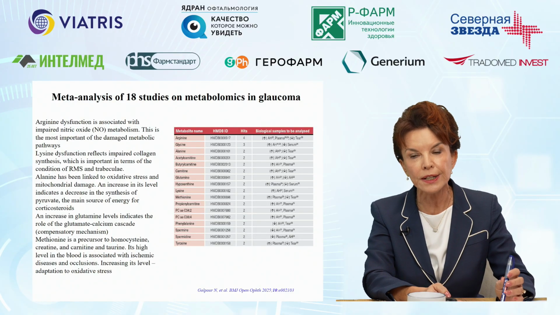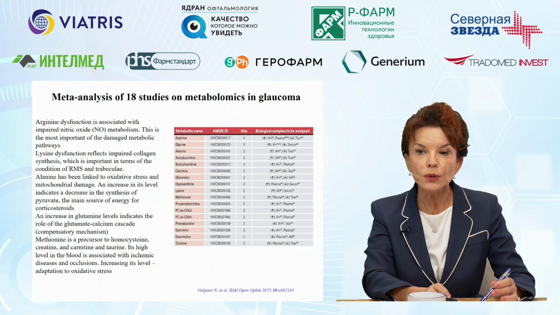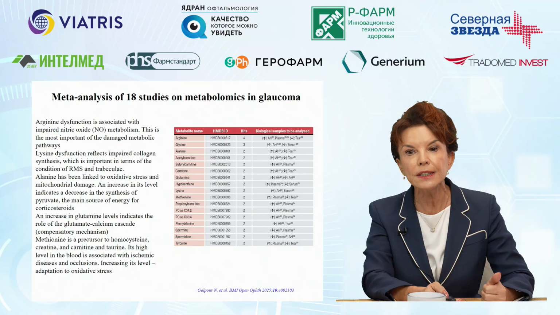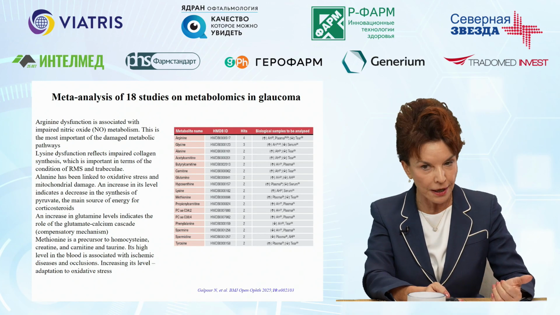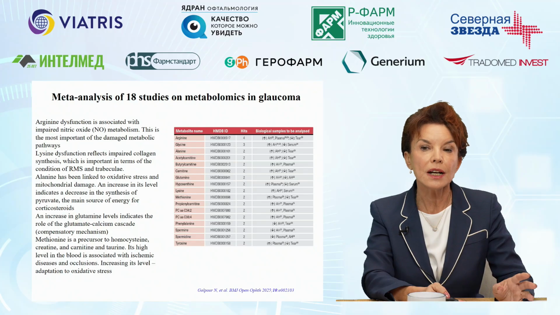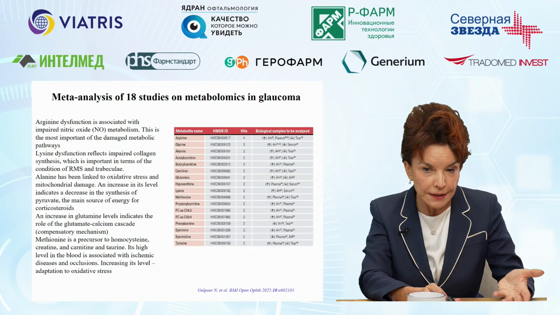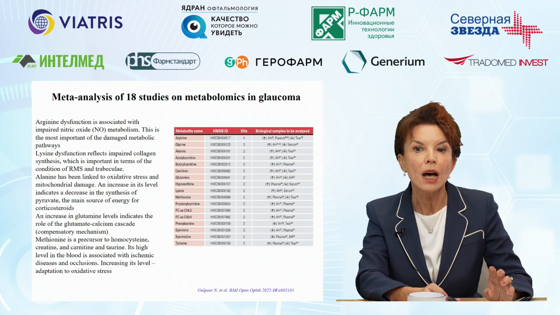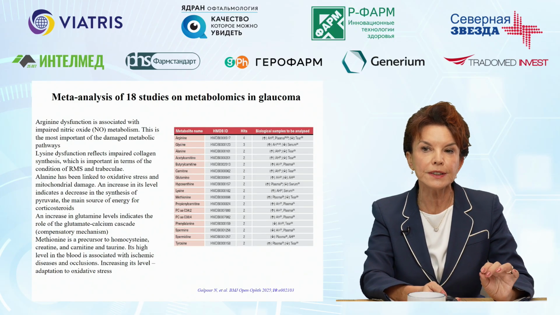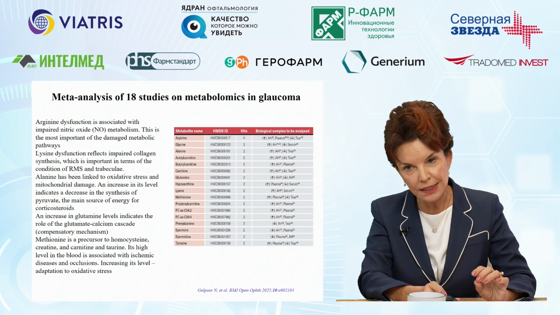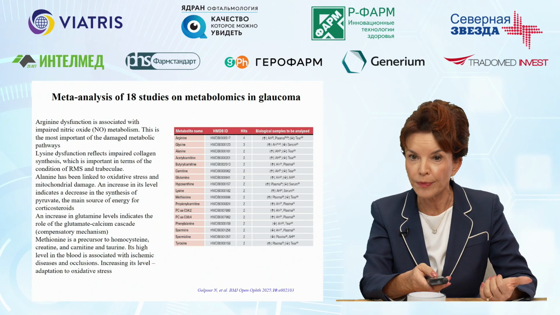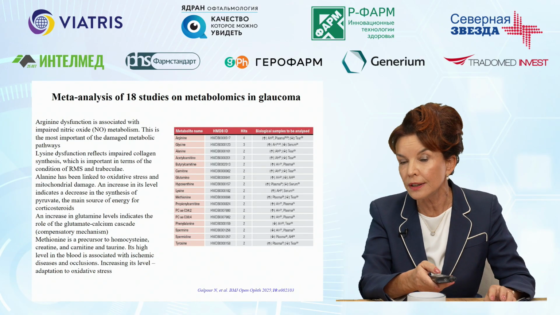And number one is amino acid metabolism dysfunction, such as arginine. All other metabolites show disorders related to oxidative stress, for example, the calcium cascade. Methionine is a precursor of homocysteine, and I would like to draw attention to arginine because arginine is the precursor of nitric oxide.